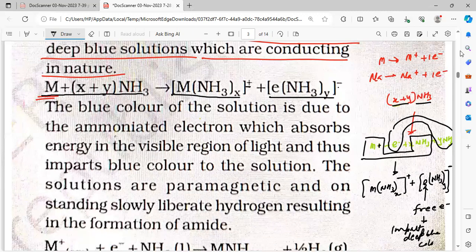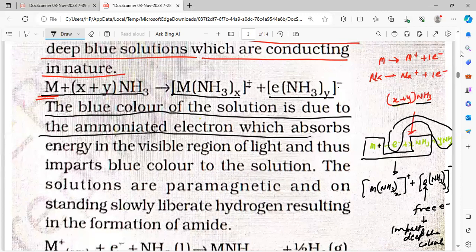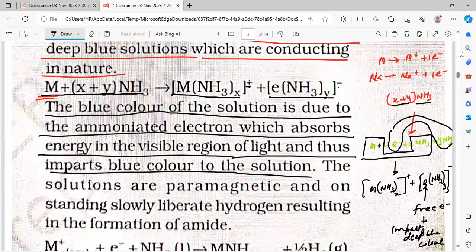Can you understand the equation? Yes. If not, let me know. The blue color of the solution is due to the ammoniated electron, which absorbs energy in the visible region of light and thus imparts blue color to the solution.